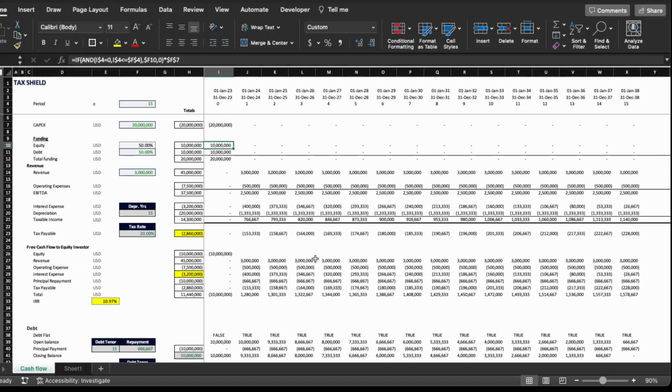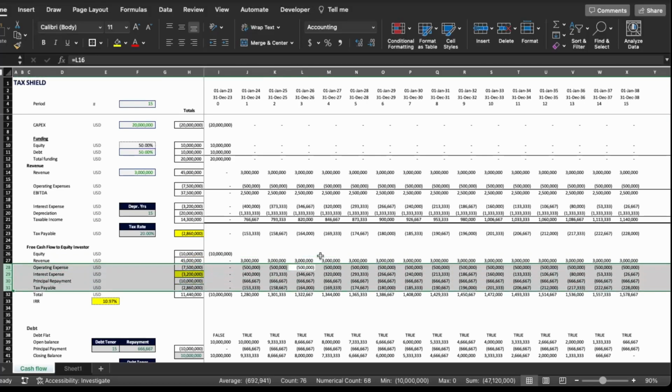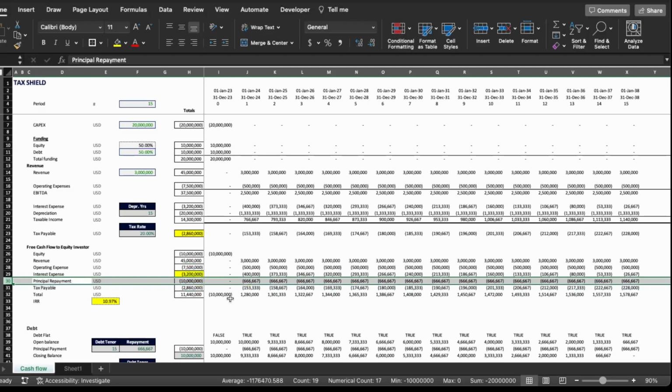Then we have the revenue. We're going to sell 3 million, and we have to reduce now all the cash outflows from the project. So we have the operating expense, the interest expense, and we have to add the principal repayment. There's no depreciation here because depreciation is not cash, but we need to add the principal repayment because we did get 10 million from the bank and we need to pay it. That's exactly what we have in here.